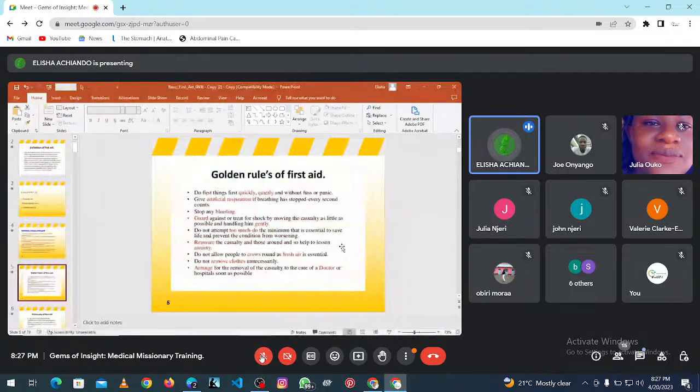Let's go to the golden rules of first aid. There are rules that, as a first aider, you have to put in place. Number one, do first things first. Once you get into a scene, if there is panic, make sure everything is relaxed and make people relax, unless it's an emergency where things should be done without panicking.